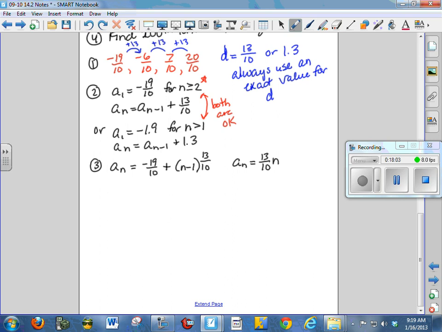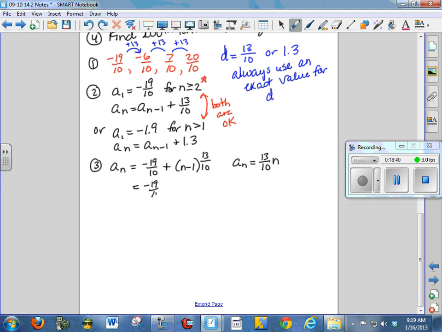This one's not quite as obvious to me, but I can do this. 13 tenths minus 6 tenths, nope, minus more than that. I apologize, I'm not doing very well with this. I'm going to figure it out.